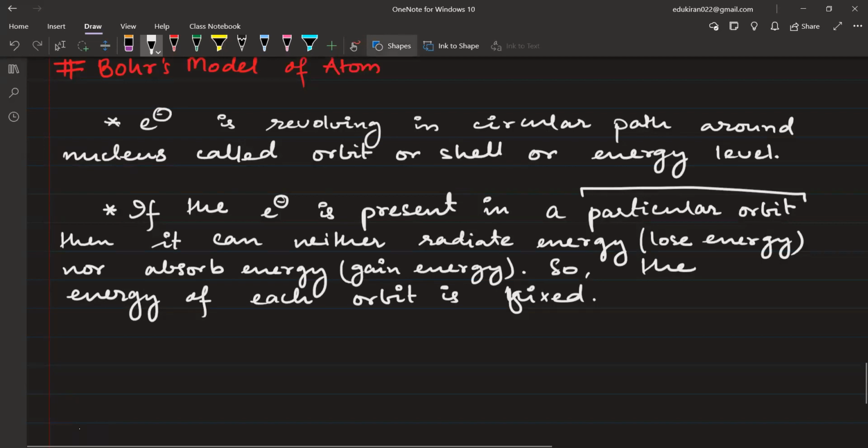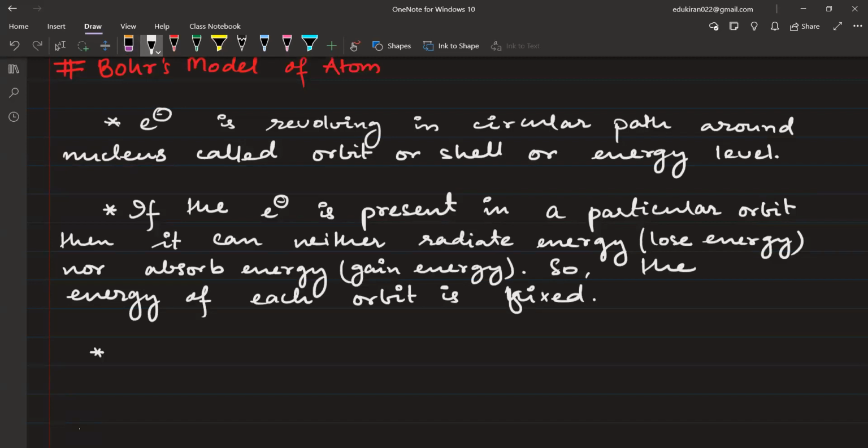I'm not saying, neither Bohr said कि वो energy absorb कभी भी नहीं कर सकता है, उसका कहना था it cannot absorb or lose energy if it wants to be in a particular orbit. अगर उसको orbit change करना है तब energy lose या gain कर सकता है। Is this clear? Yes or no? Please tell me. Yes, sir.